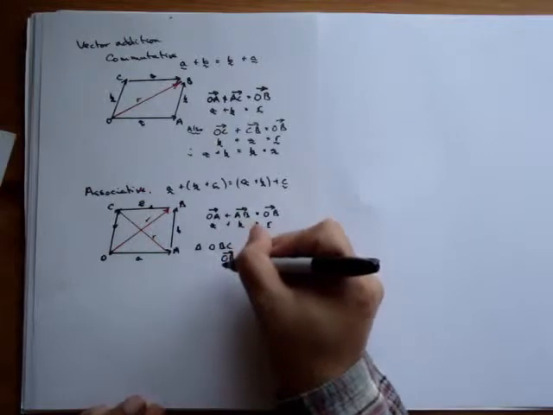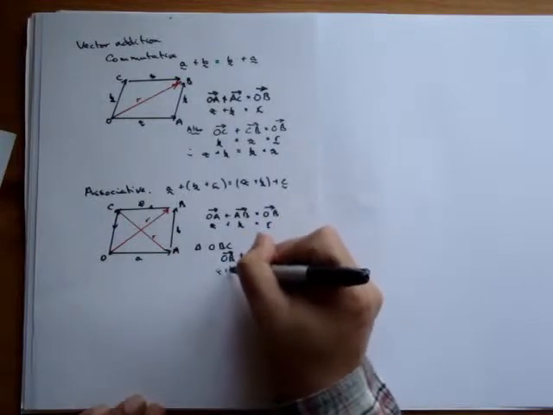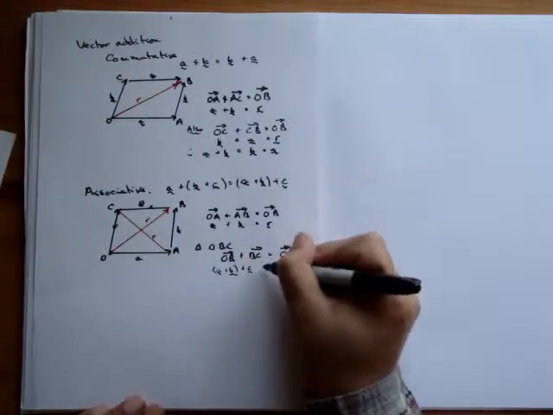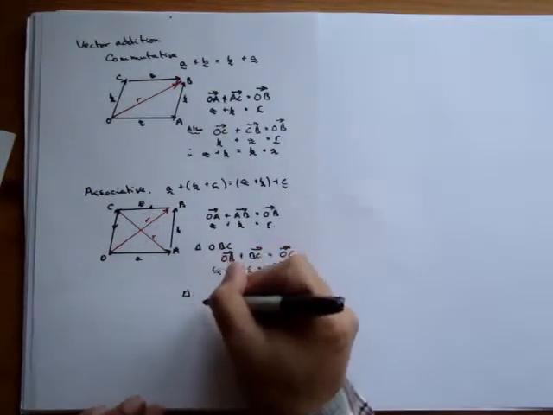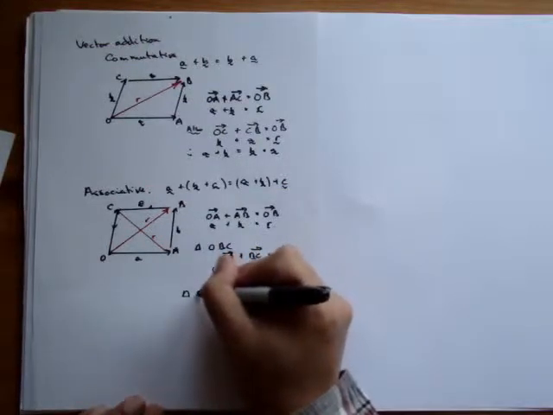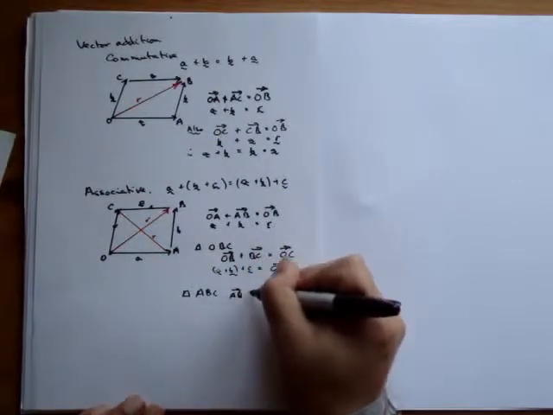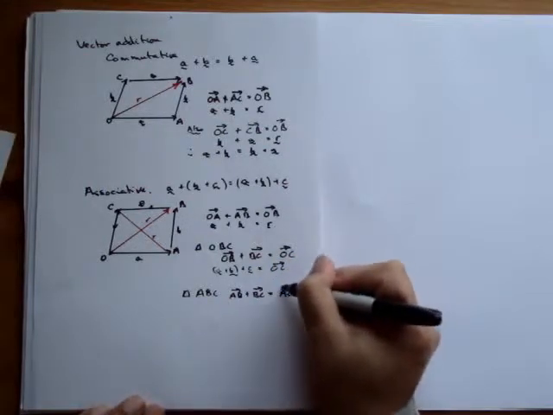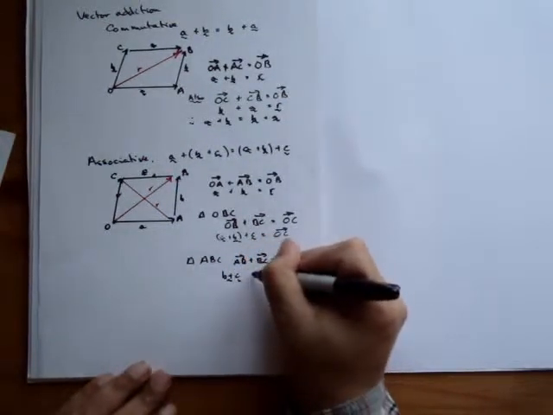So that's A plus B, since OB was A plus B, plus C equals OC. If we have triangle ABC, we have AB vector plus BC equals AC. So that means that B plus C equals AC.